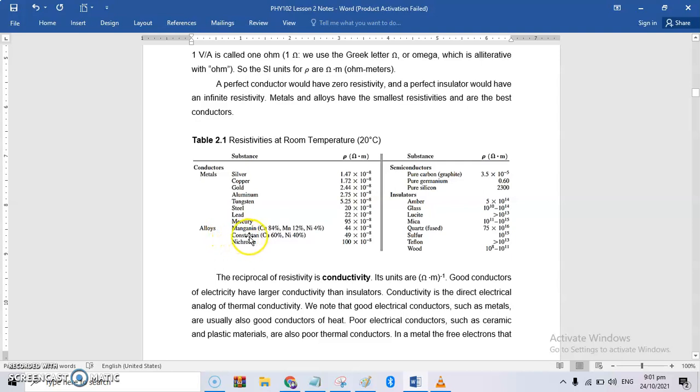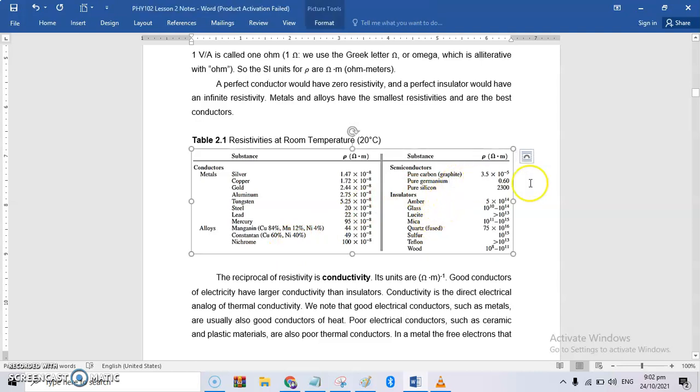So, example, si manganin. Combination siya ni copper, manganese, and nickel. Okay? So, sa kanilang tatlo na alloy, kumbaga nakakapag-conduct pa ng magandang current. But they are all materials na nagko-conduct ng current.